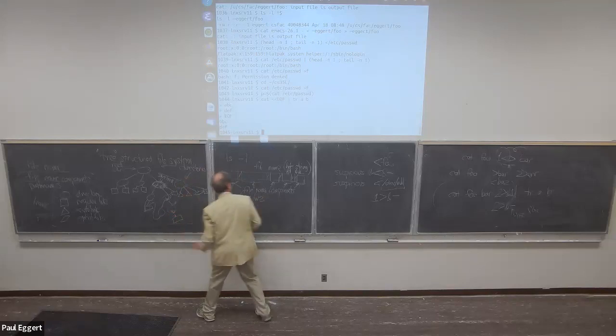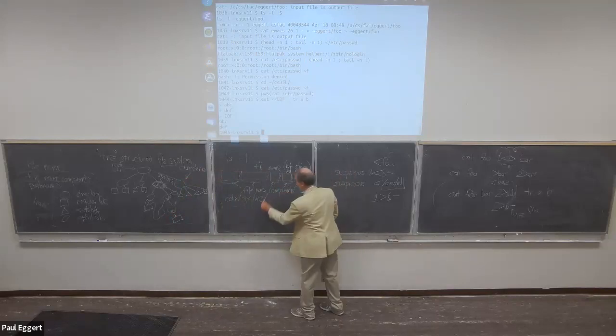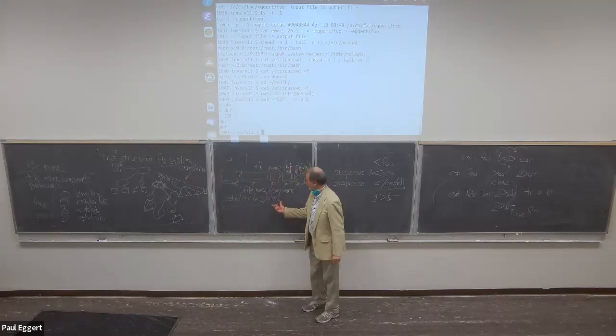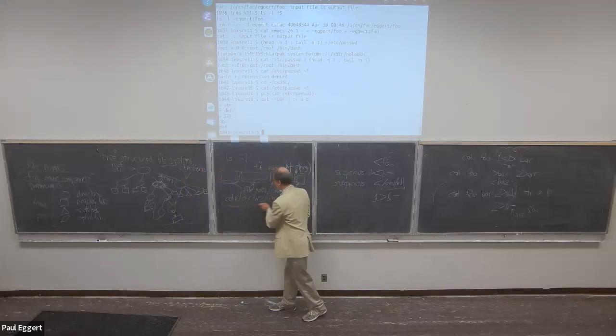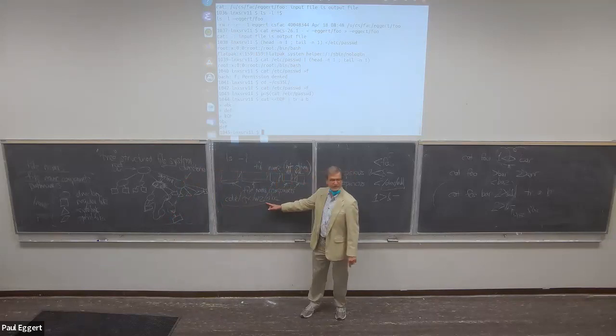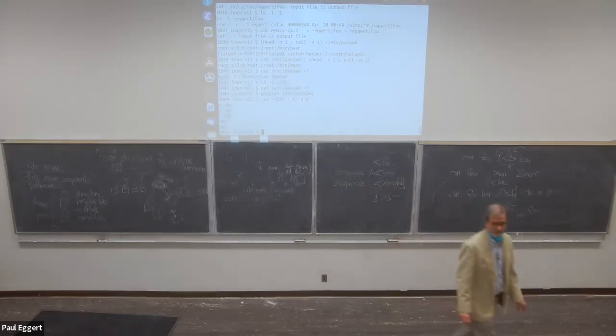WZ points at a regular file, but there's an ABC over here. Wait a second, this is a regular file. You want me to treat it as a directory? It'll say, no, I'm sorry, I can't do that. The error message will be something like, not a directory. You specified a file name that lists a bunch of directories in it, but one of the things in here isn't a directory. So that's also an error.